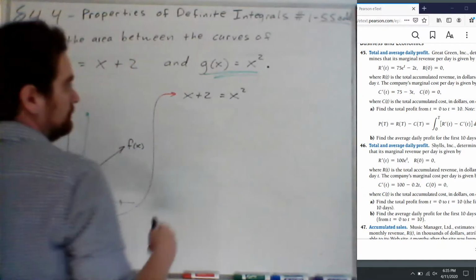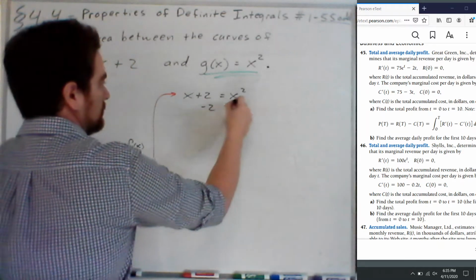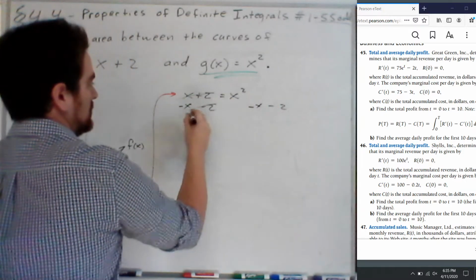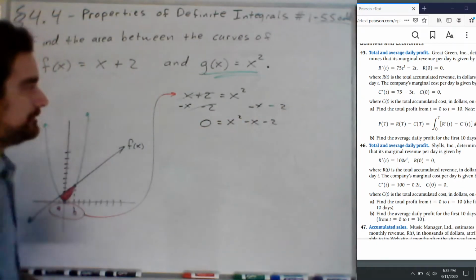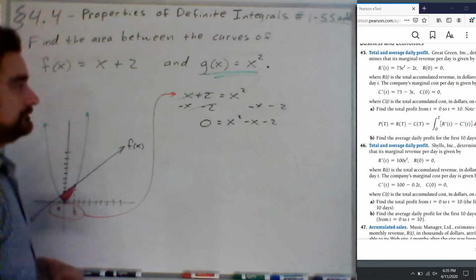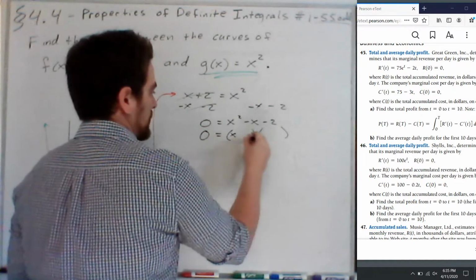So now let's go ahead and solve for this, which is a quadratic, which means I can set it equal to 0. I can factor this quadratic.